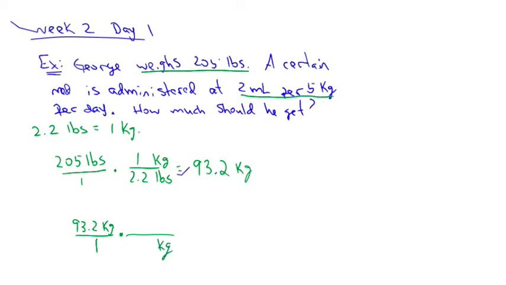We're doing the same thing right now, I'll show you the different way in a little bit. So what goes on the top? Milliliters, and there'll be 2 of them for every 5 kilograms. So the kilograms will go away, and you go to 93.2 times 2 divided by 5.